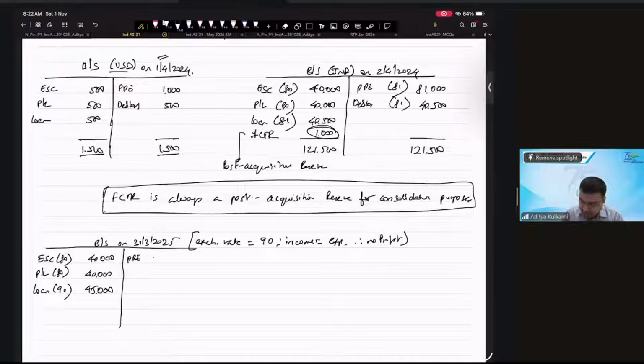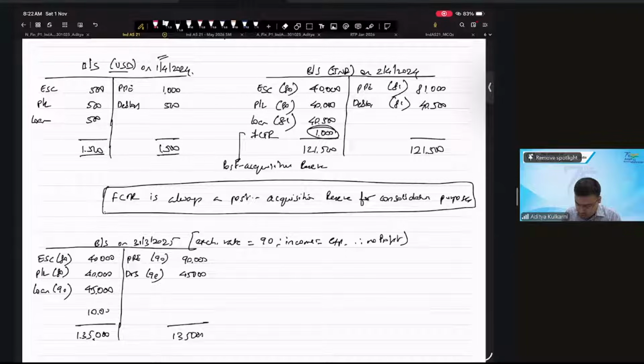Property, plant, equipment, 90 into 1,000, 90,000. Debtors will be stated at 90, 45,000. Are we all together? So this gives you 1,35,000.